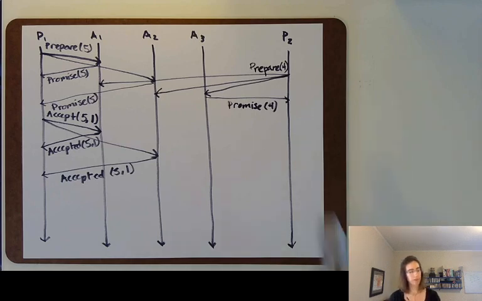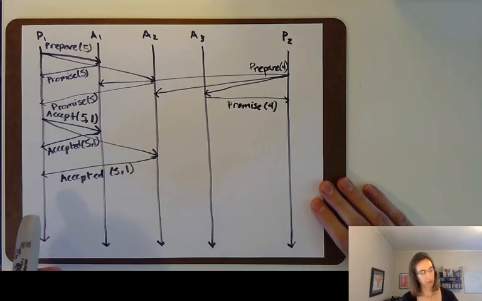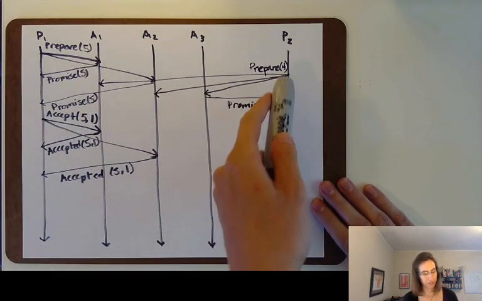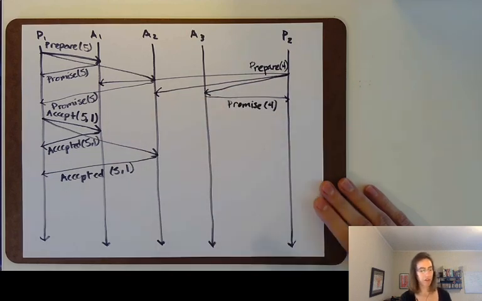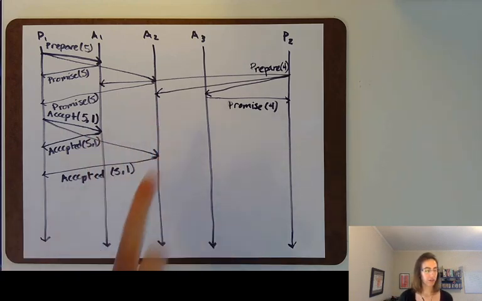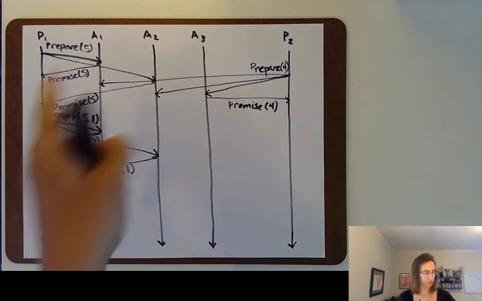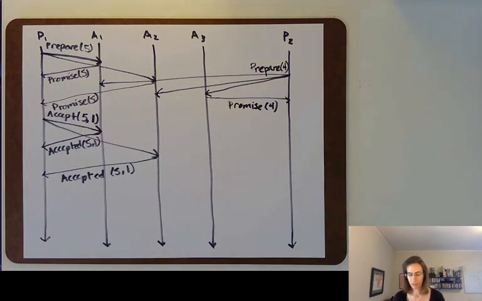All right, so keep in mind that proposer 2 has no idea what's going on with proposer 1 over here. All it knows is that it sent a prepare for and that it only heard back from one acceptor. It doesn't know why, right? It doesn't know if that's because these acceptors over here are just slow or what. It doesn't know that there was necessarily this other thing being promised. So what can it do?